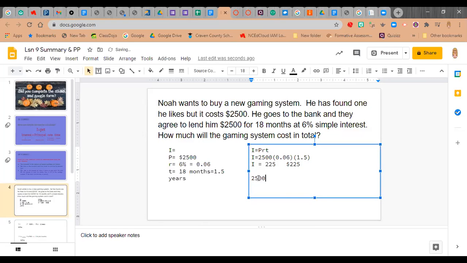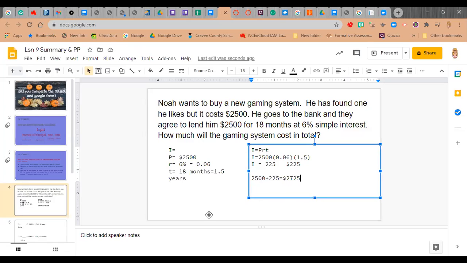So I have to pay the 2,500 back, plus the interest of 225. So how much does this thing cost me? It is going to cost you $2,725.